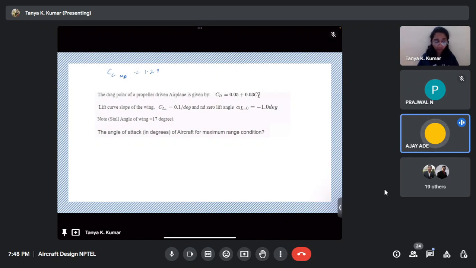0.1 CL per degree. Okay, so this is given. CL alpha is given. Correct. So what equation do I use? We have these two quantities: the CL at minimum drag, maximum range condition, and the slope. Now what do we do?